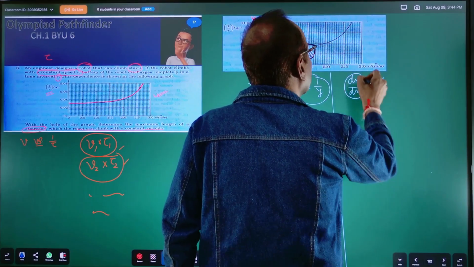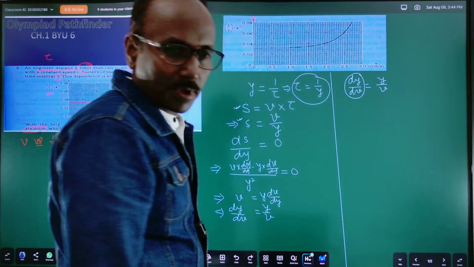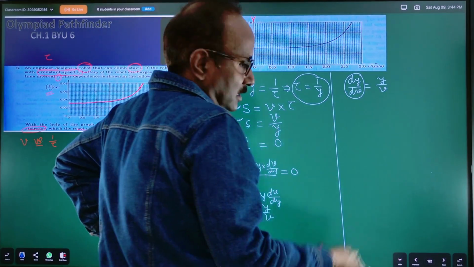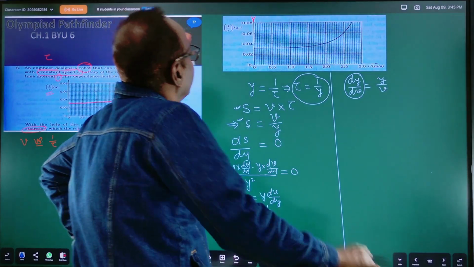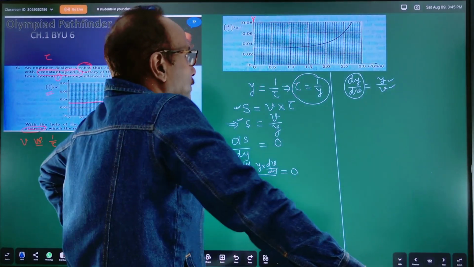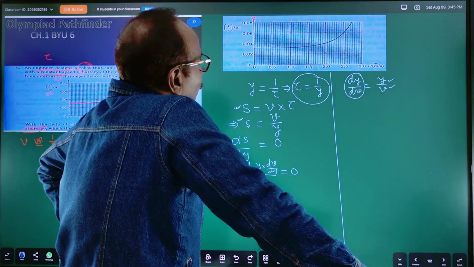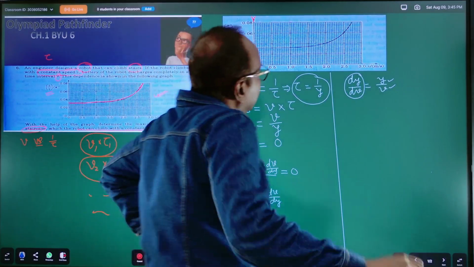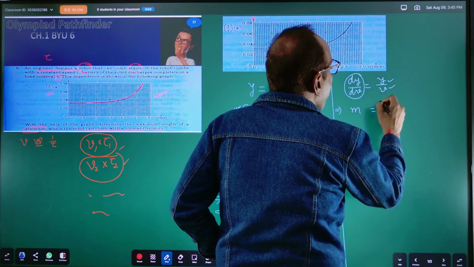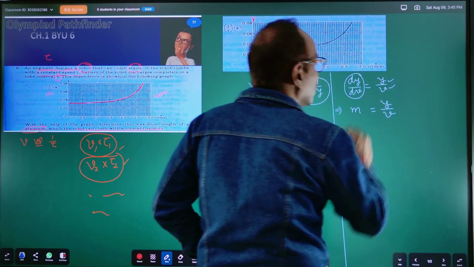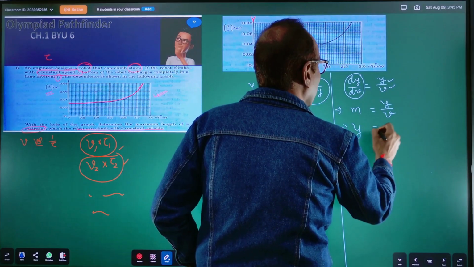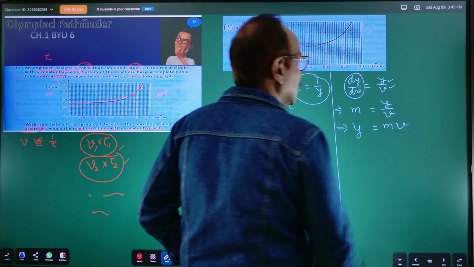What is this dy by dv? dy by dv represents the slope of this curve at any point. So if we give dy by dv a name m, your equation will become y is equal to m into v.